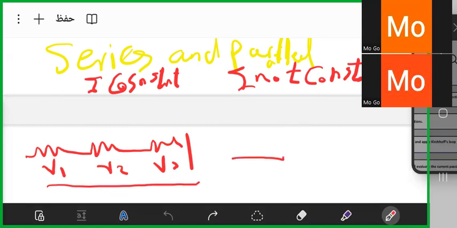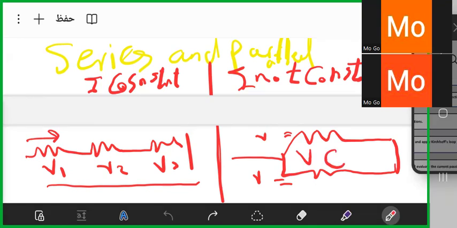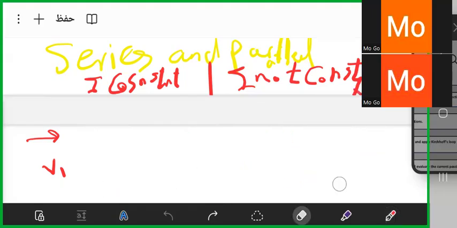But in parallel, it did not change. So V equals that V, no change, in the parallel connection. So we have two ways, parallel and series. In parallel, the voltage is constant, V constant. The current I is not.